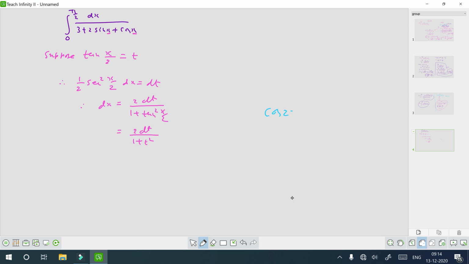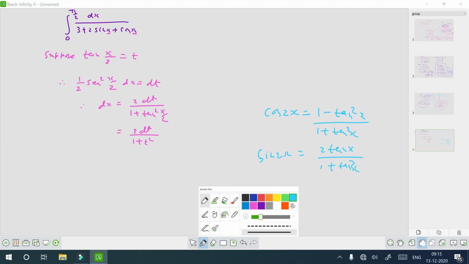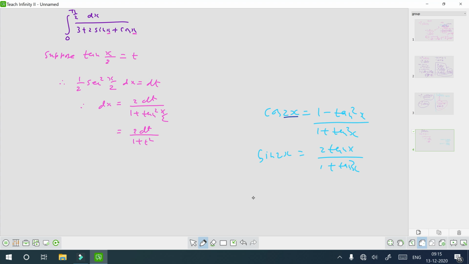We know that cos 2x in terms of tan is 1 minus tan square x over 1 plus tan square x. Sin 2x in terms of tan is 2 tan x over 1 plus tan square x. Clear? Now see. Here angle 2x is there, so its half angle is here. Same way, here 2x is there, its half angle is here.